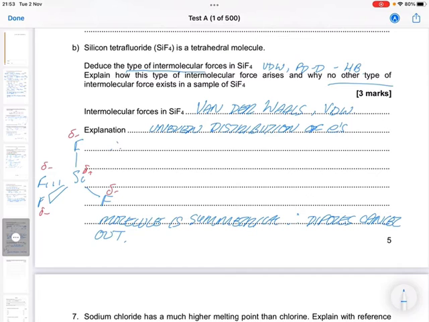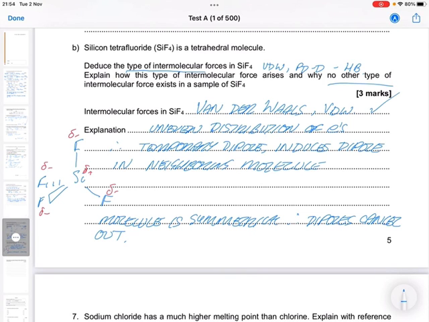Therefore, you get a temporary dipole, which induces a dipole in a neighbouring molecule. So that's the van der Waals explanation, and the reason there's no other forces is because the molecule is symmetrical and the dipoles therefore cancel out.